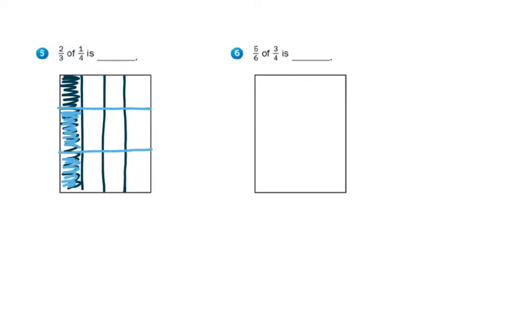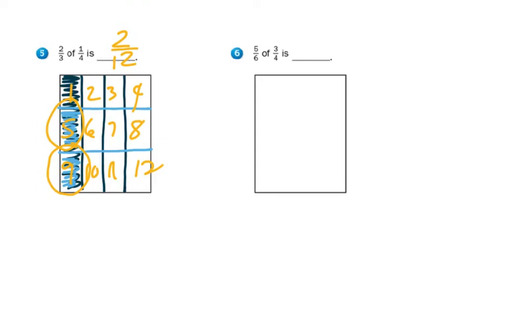So how many equal parts do I have? 1, 2, 3, 4, 5, 6, 7, 8, 9, 10, 11, 12. And how many of them are shaded in 2 colors? 2/12. I want you to try number 6 all by yourself. Pause your video and go ahead and try it.